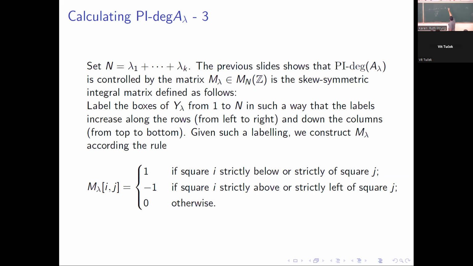Sorry, left is missing in the first sentence. Right. So you can look at these two indeterminates. How do they commute? They Q-commute because they are in the same column, basically, et cetera. So this is an easy way to control the commutation relations. And basically, NL theorems tell us that we have to compute the pi degree of the quantum affine space associated to this matrix M lambda.